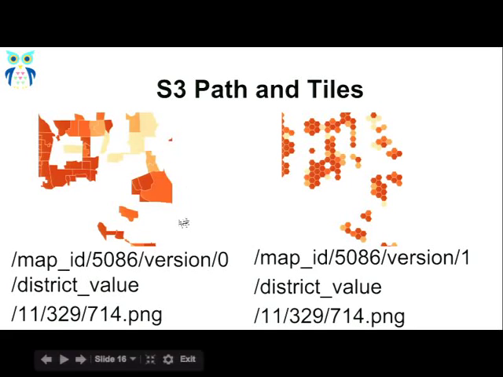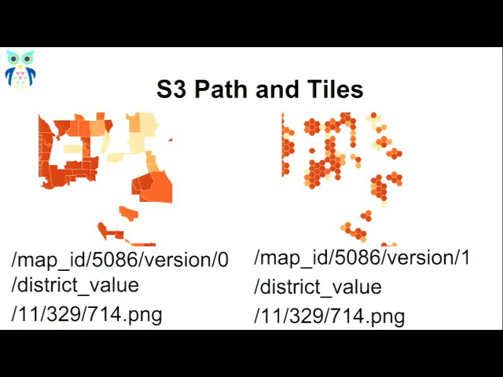So the cache path, the S3 path, has the map ID and the version, because I've said map ID and version are the parameters I'm using. But it's general, you can just say I want to use parameters foo, bar, and baz, and then it'll pass foo, bar, and baz to your custom provider and to your caching classes. Okay, and then the provider pulls it out of the database? Exactly.